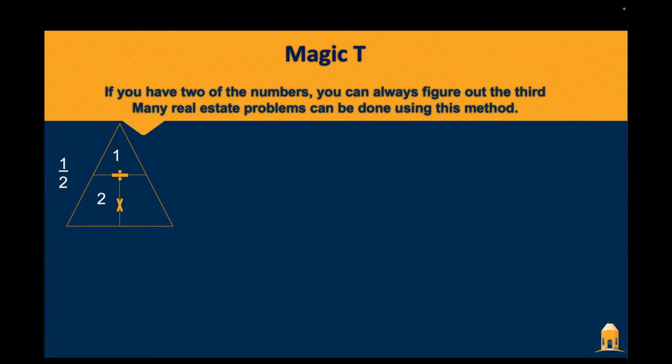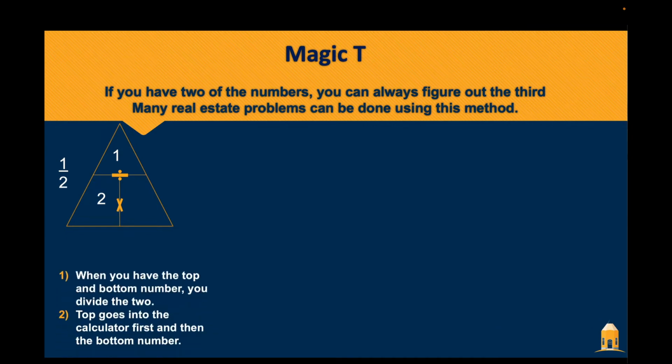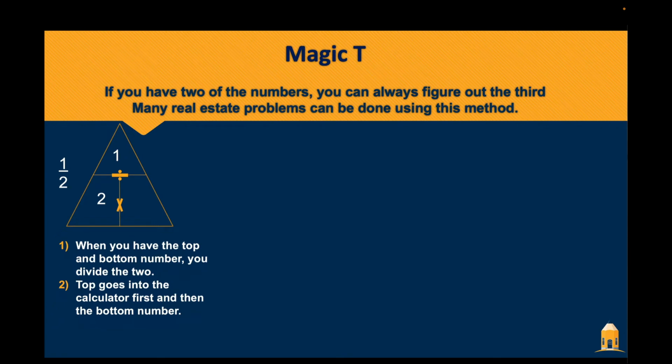Why is that? Because going from top to bottom is a dividing line. So it doesn't matter if you have the top and then the left side on the bottom. If you put 1/2, it is helping you figure out the right side. So when you have the top and the bottom, you divide the two between each other.